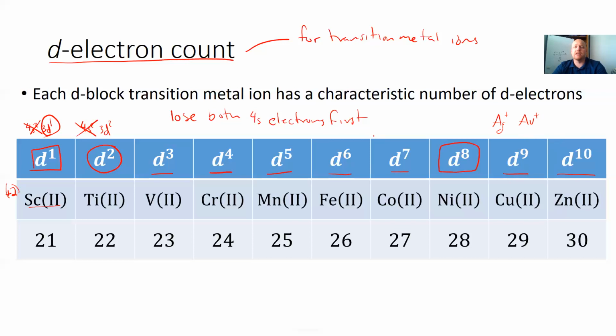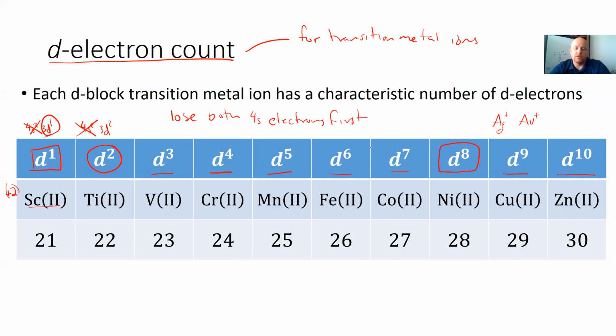But that's a common thing here, that these elements tend to like to have that +2 ionic form as one of their more common ions, at least that you'll find in period 4 or the first row of the transition metals.